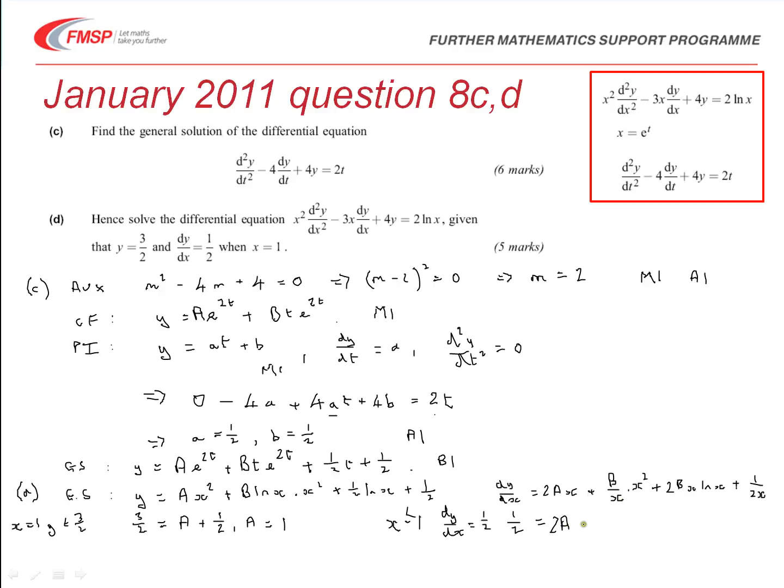When x is 1, that gives us plus b. When x is 1, ln of x is 0. And when x is 1, that gives us plus a half. So that is telling us that b plus 2a is equal to 0. So if a is 1, that means that b is equal to negative 2.